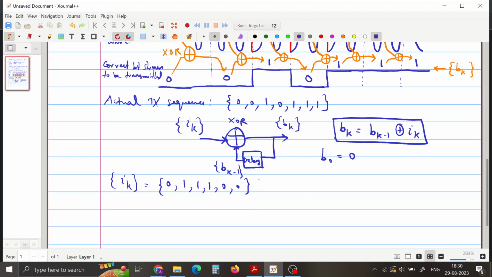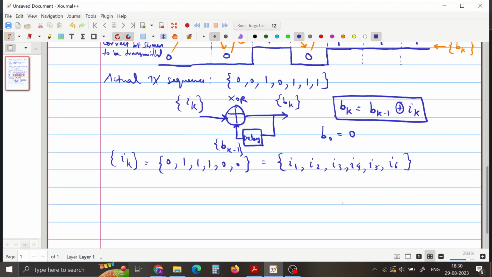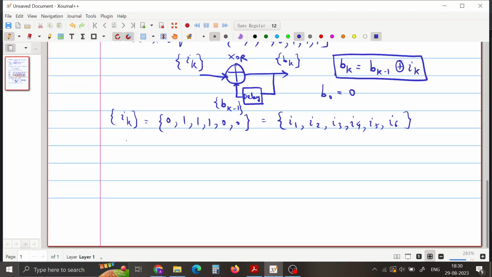So this is basically your I1, I2, I3, I4, I5 and I6. Your I1 is 0, I2 is 1, I3 is 1, I4 is also 1, I5 is 0, and I6 is also 0.